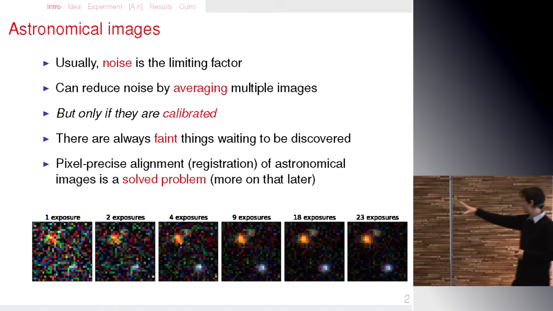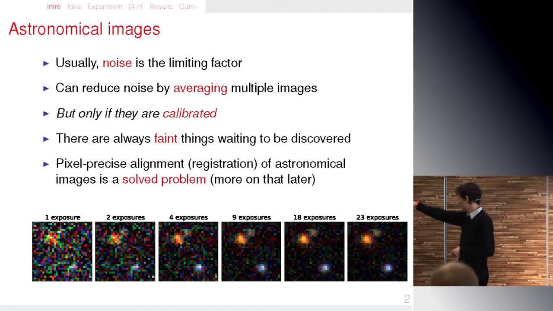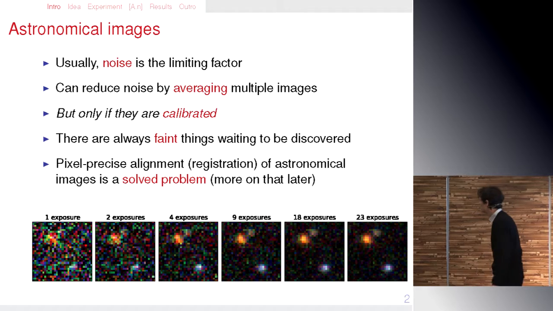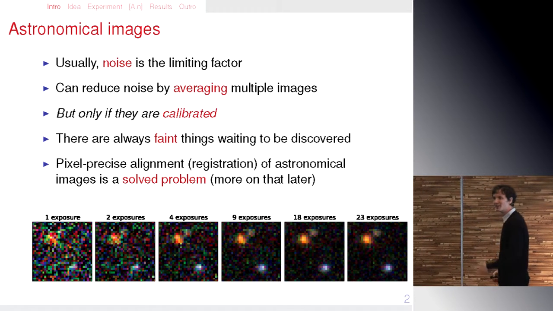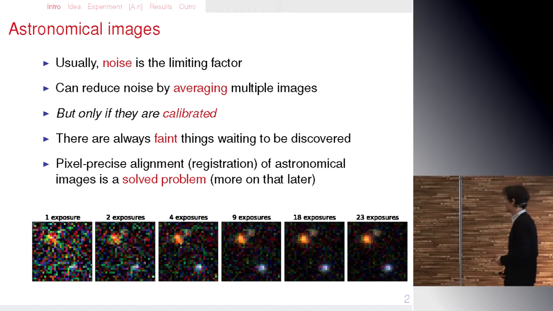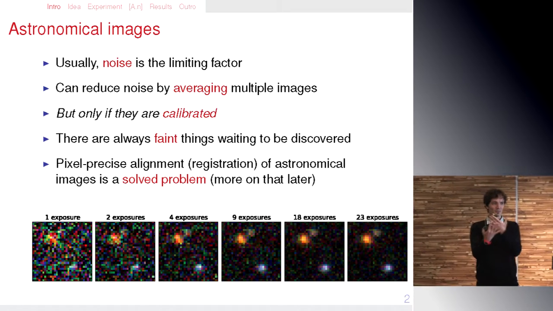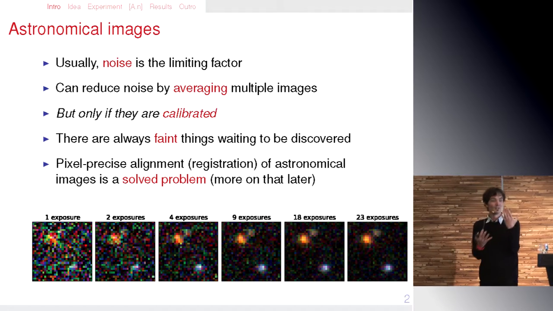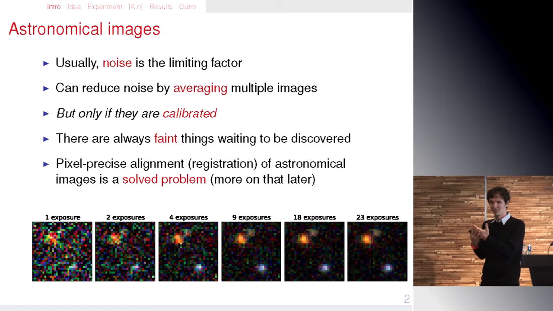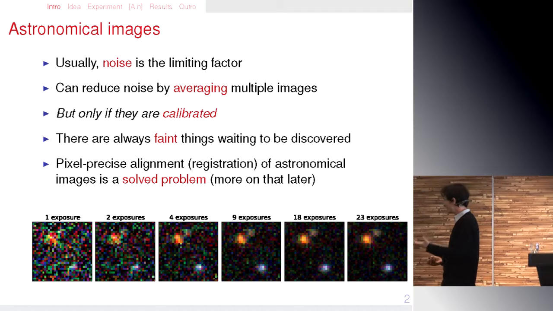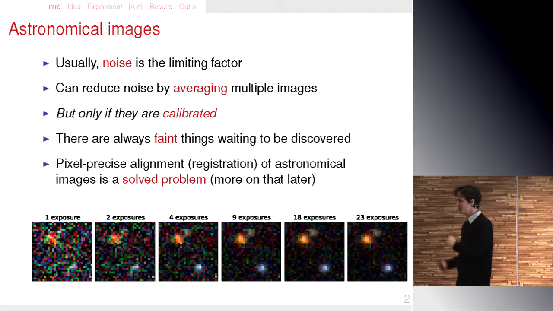And you can see that basically if you have a single exposure, if you squint, you might be able to believe that there are two bright objects in that image. And if you start adding together multiple exposures, so doubling the exposure time, quadrupling the exposure time, the signal is adding up and the noise is being averaged down as a square root.